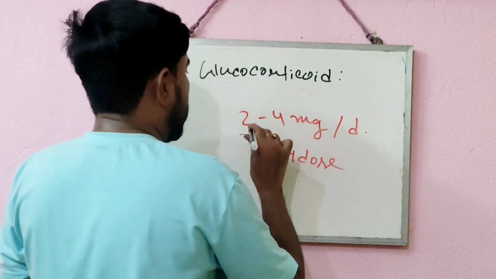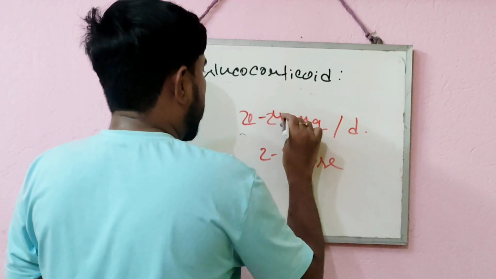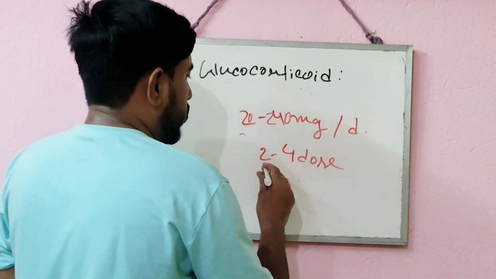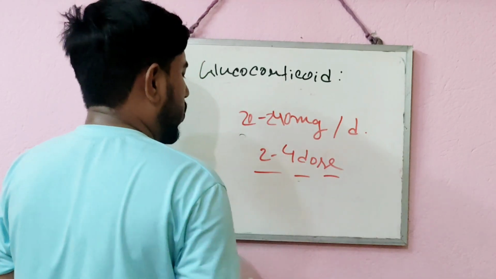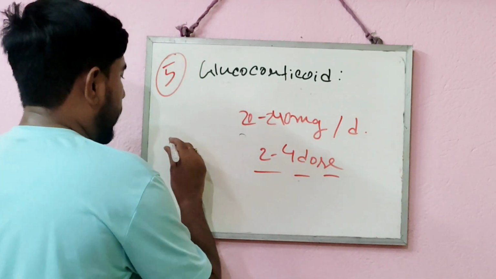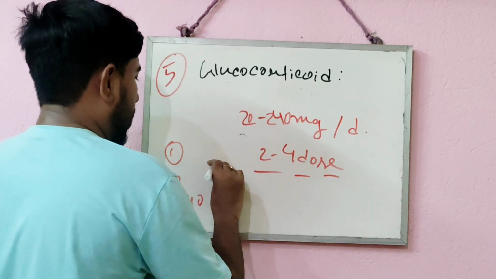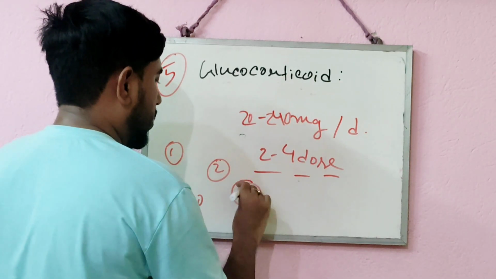So what is the amount you have to take? The amount is 20 to 240 mg per day, which you have to take in 2 to 4 doses per day. That means from the first dose you have to take 20 to 240, in the second dose also like that, the third dose also like that, and the fourth dose.